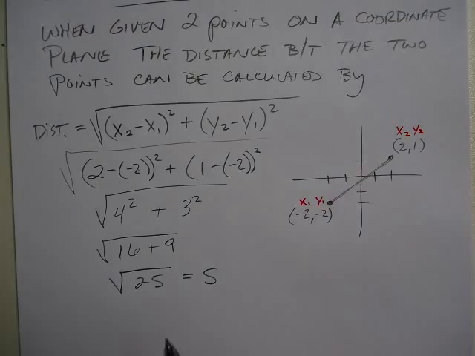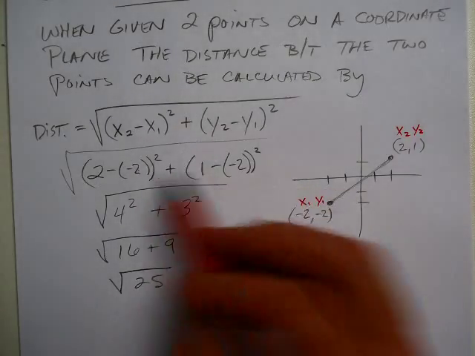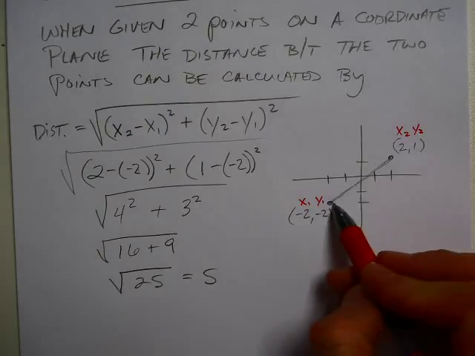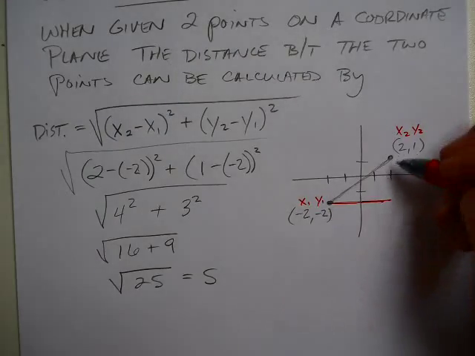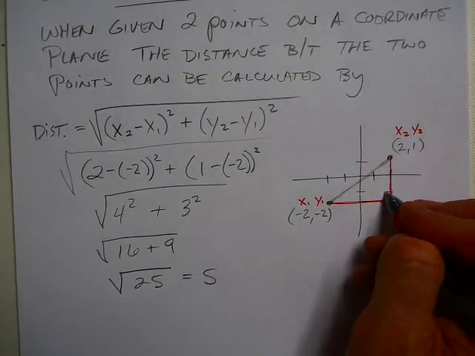Now, that's the algebraic way to do it. I prefer a much more visual way. So what if instead of using all these x1s, y1s, and all that stuff, what if I just drew a sloped triangle? I've got a 90-degree angle here.